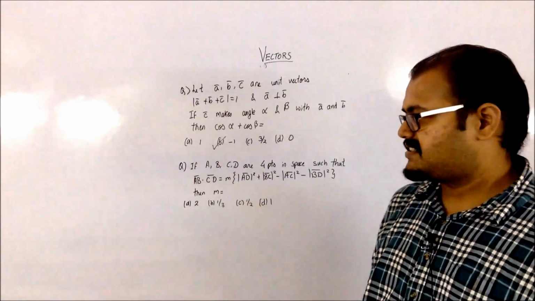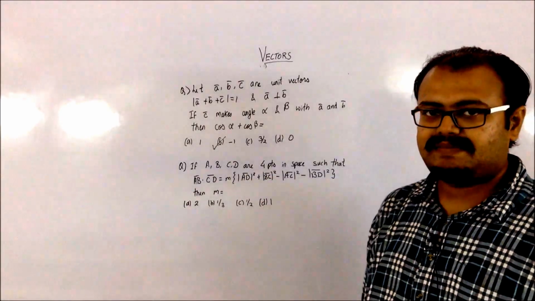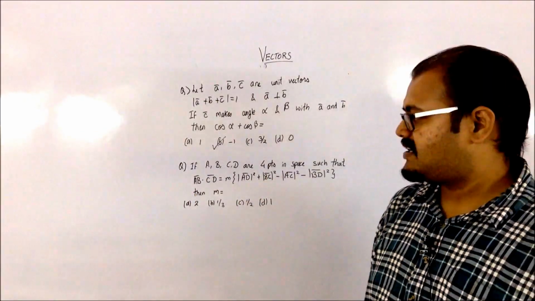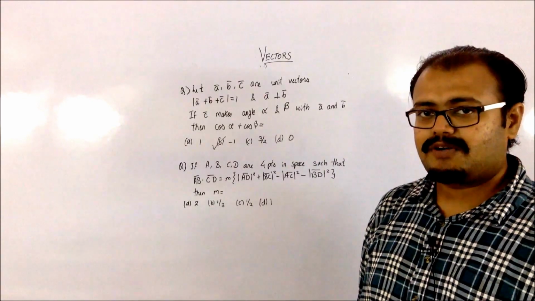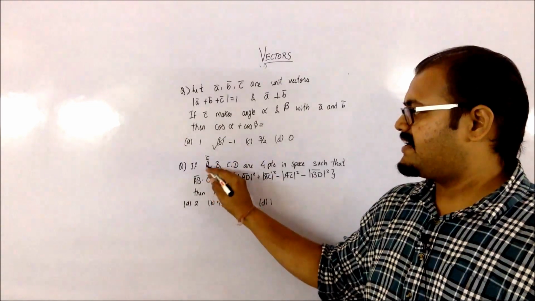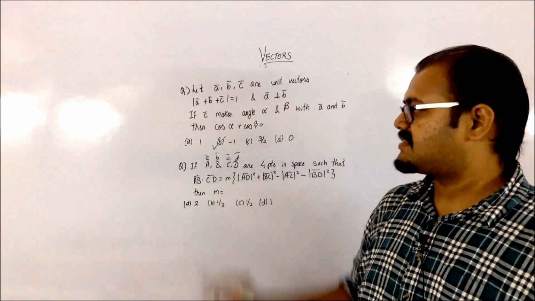Coming to the next question, they have given me that A, B, C, D are 4 points in space and they are following this particular relationship. Now to solve this particular problem, let us take that the position vector of A is A bar, B is B bar, C is C bar, D is D bar.